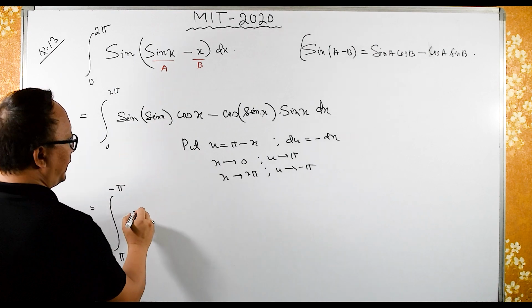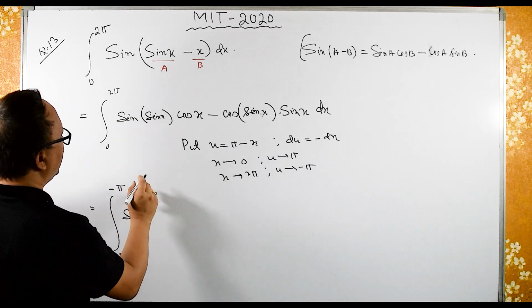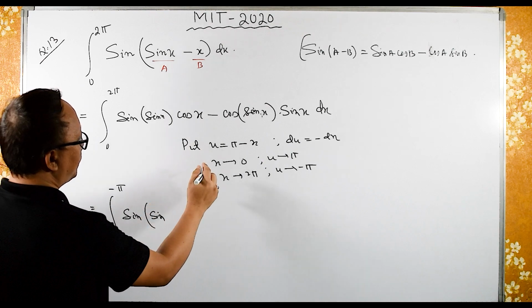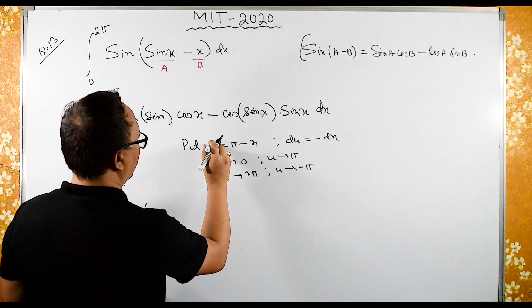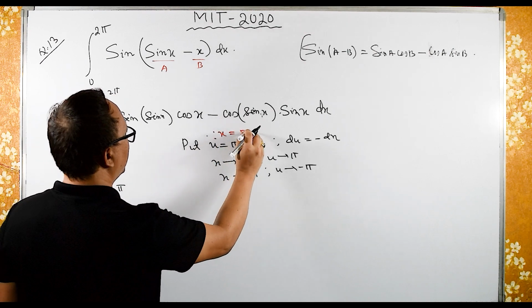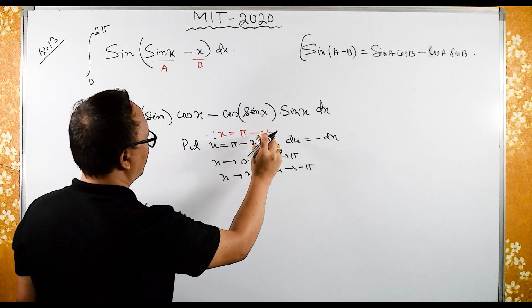And then here we have sine of x. From here we can find x: x equals pi minus u.